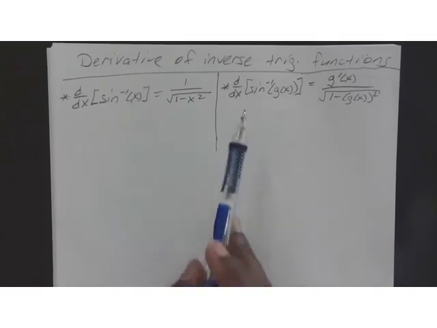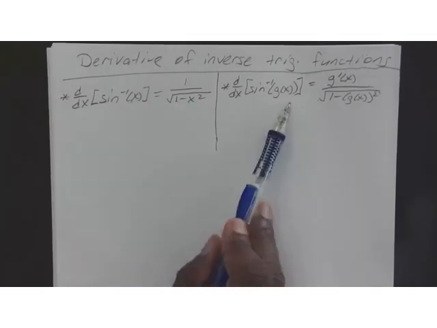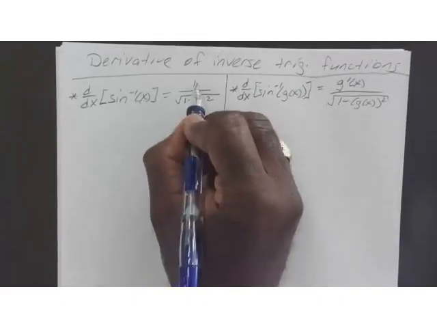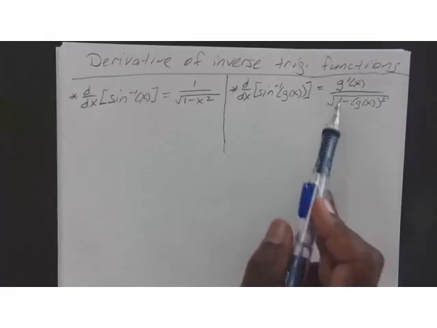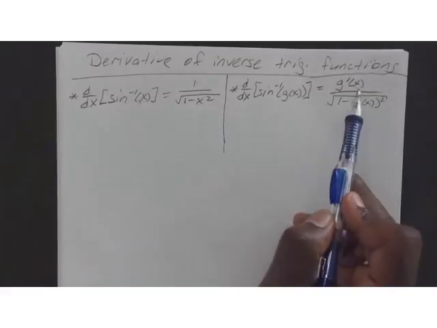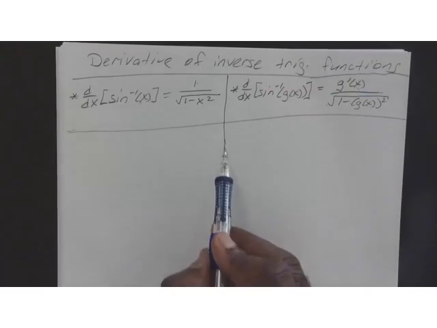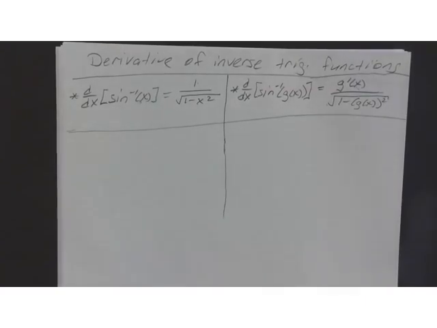And really, you can apply this one to the first one also, because the derivative of your function x is just 1. So it's the same formula, just this one's meant for different or more expanded functions.